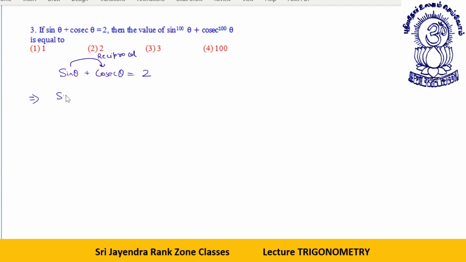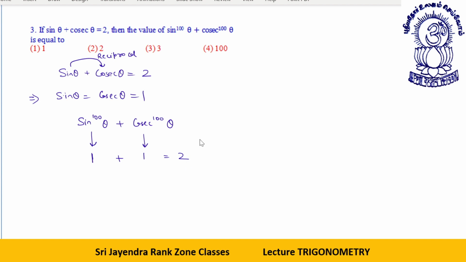Okay, so what does it mean? It means sine theta is equal to cosec theta is equal to 1. Question is over. What do you require? Sine raised to power 100 theta plus cosec raised to power 100 theta. So this will be what? This will be 1. This will be also 1. So your answer will be 2.